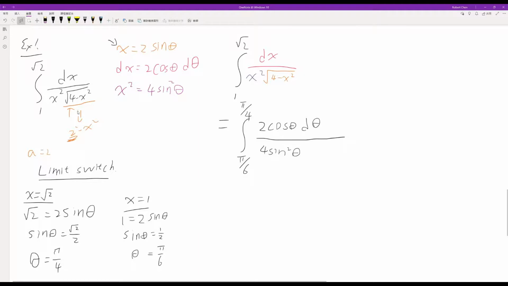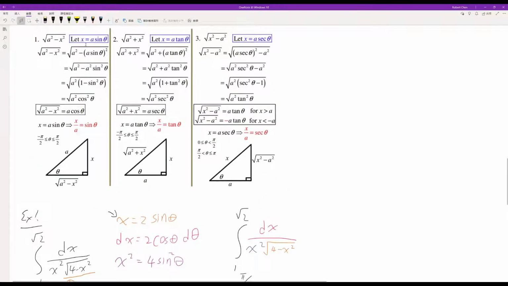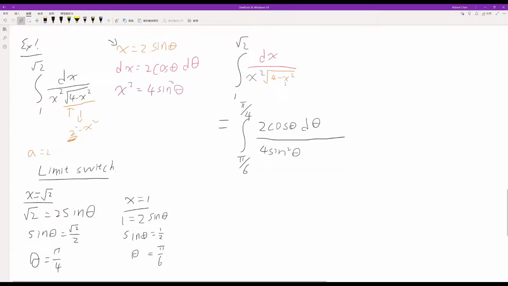Now, it's okay if you forgot, but if you picked the right trig sub, let x be equal to a sine theta, we can always derive that from this radical. Let me show you real fast.